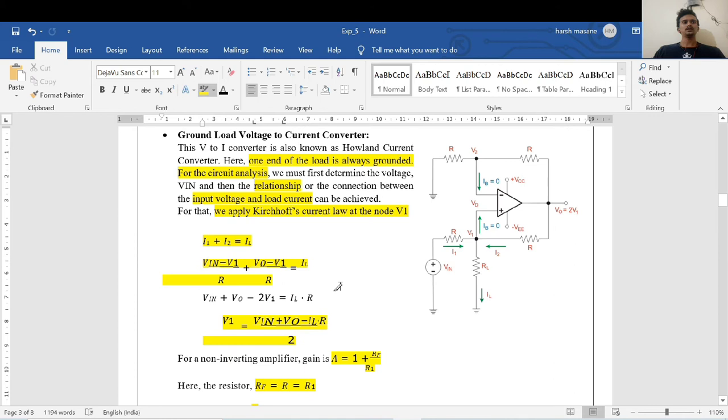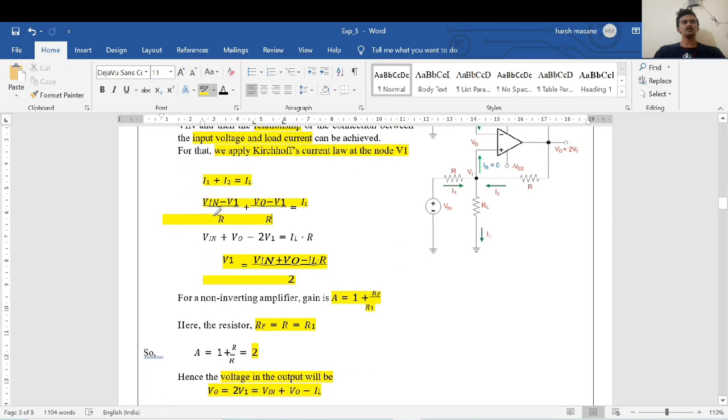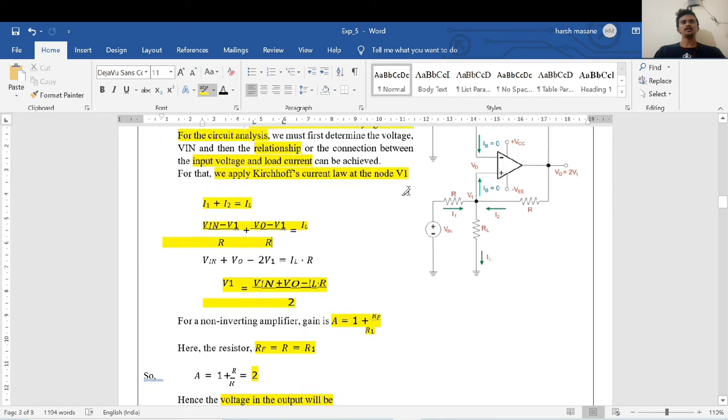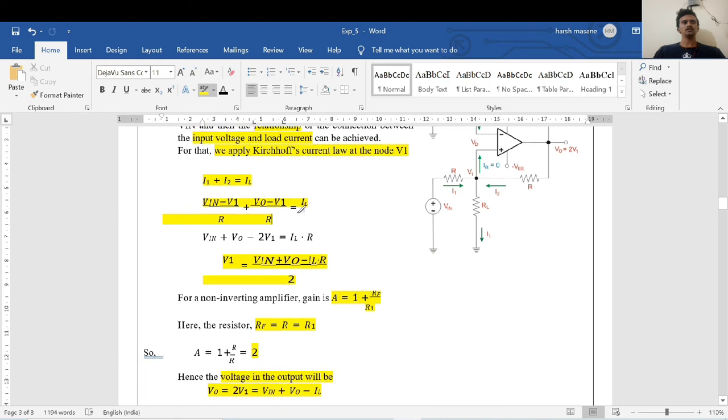So the input voltage relationship with the load current will be as follows. Here we will first apply Kirchhoff's law at the node V1. So it will be I1 plus I2 is equal to IL. Here my I1 will be Vin minus V1 upon R, and my I2 will be VO minus V1 upon R, which is equal to the load current.